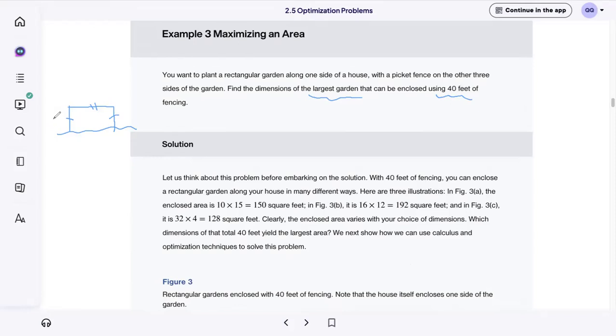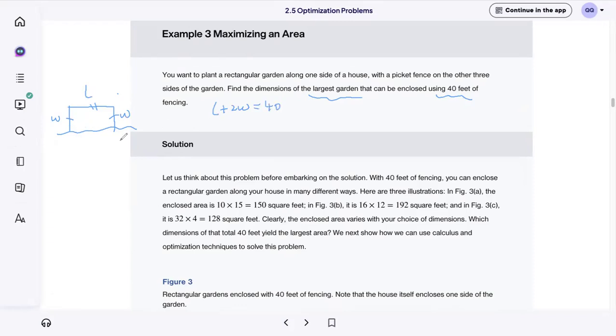So if we call this x, we don't know this one. Let's use length and width actually. Let's say this is width, this is width, this is length. So the only thing we know is L plus 2W should be 40.